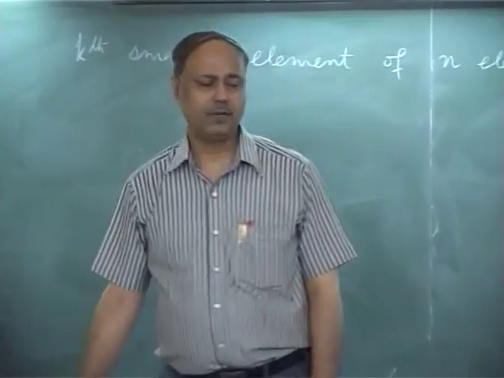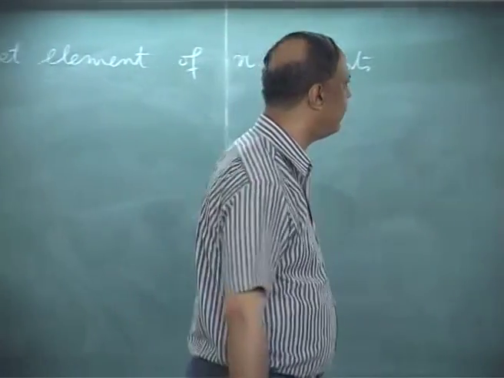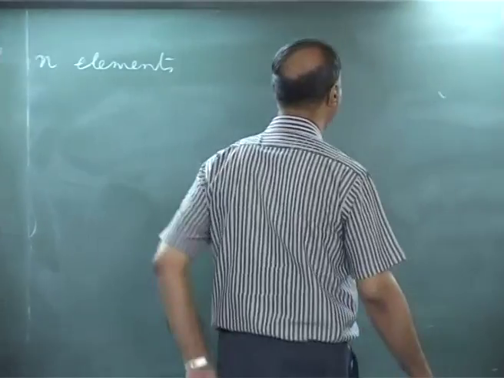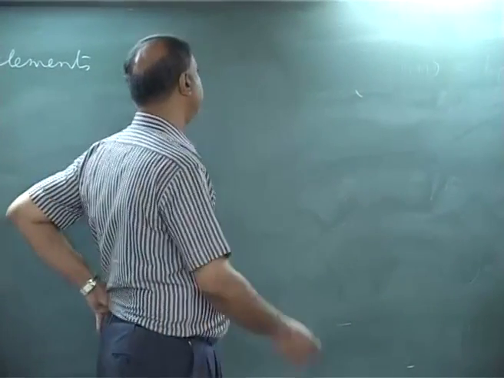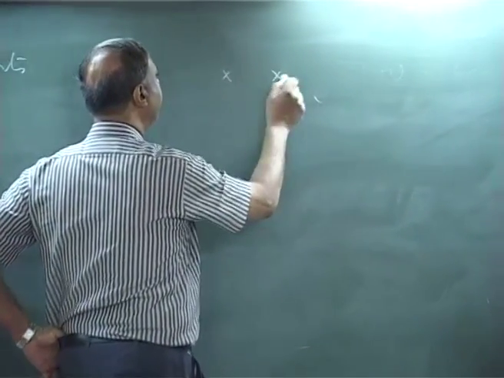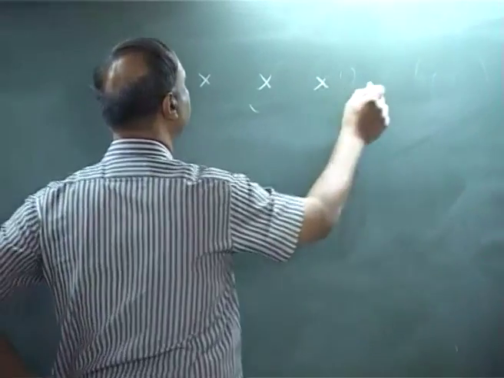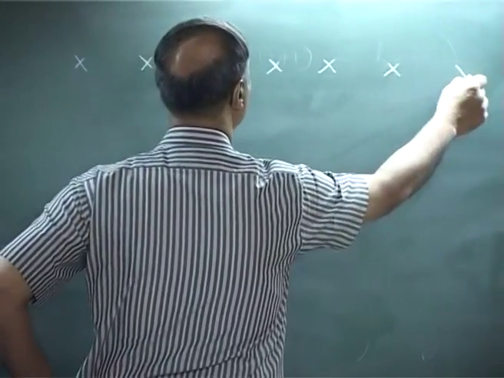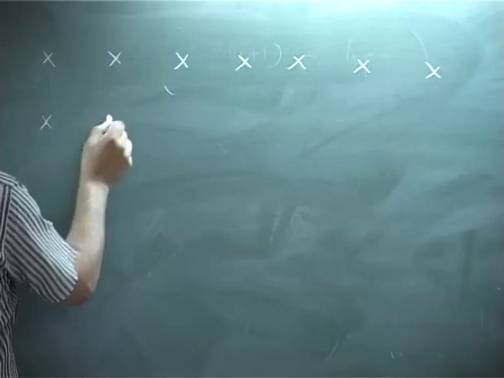It may not be divisible by 7, and you can pad it with a large number. So you divide it into n by 7 groups.